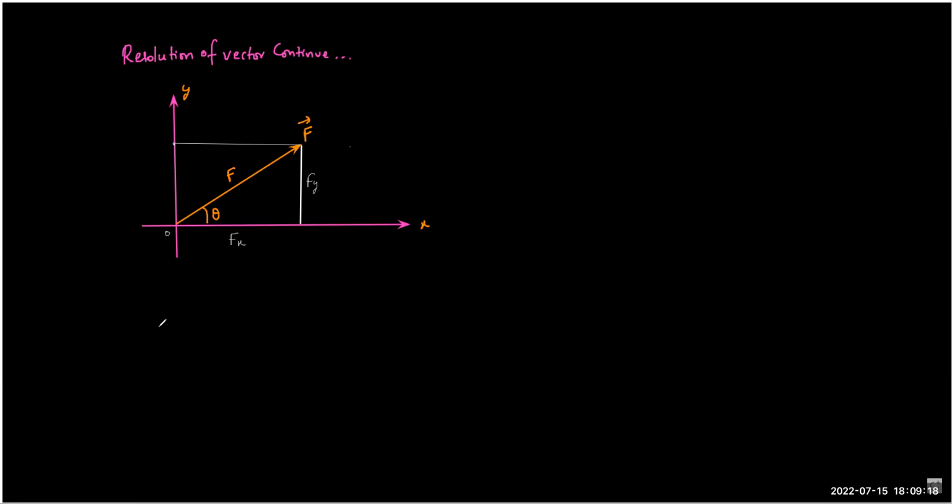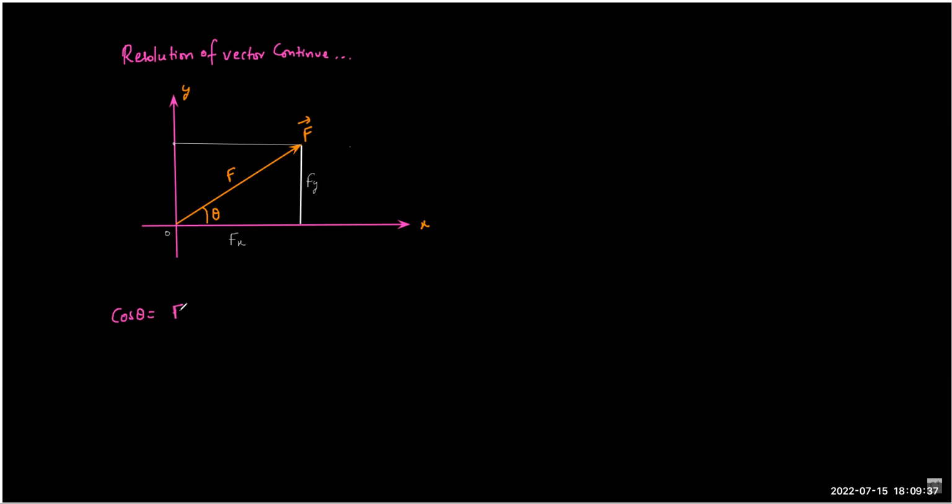Using trigonometry, you can write easily. What can you write? Cos theta. And cos theta will be how much, guys? Tell me. What is cos theta in any triangle? Base by hypotenuse.